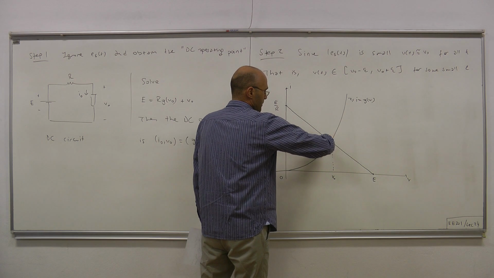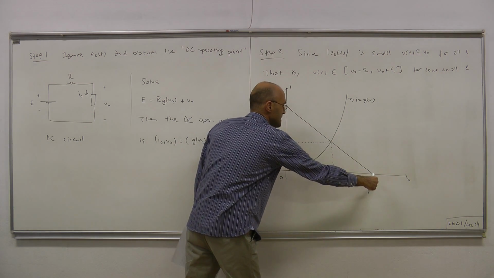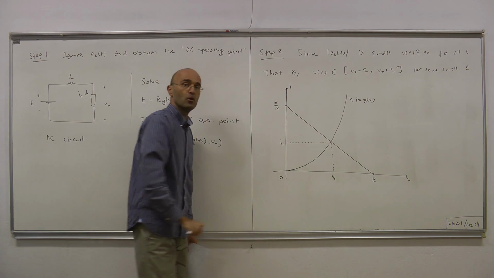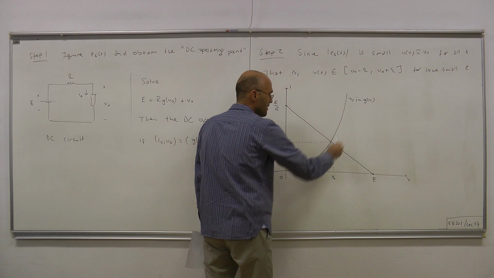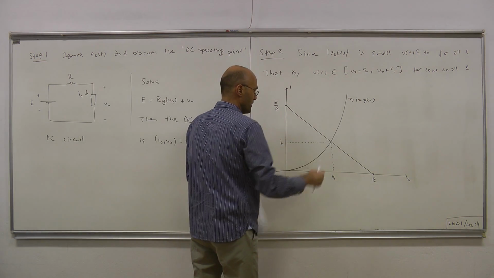Back and forth, and as it oscillates back and forth around E at that point and E over R at that point, remaining parallel to the original load line, it will intersect this terminal equation curve at different points.